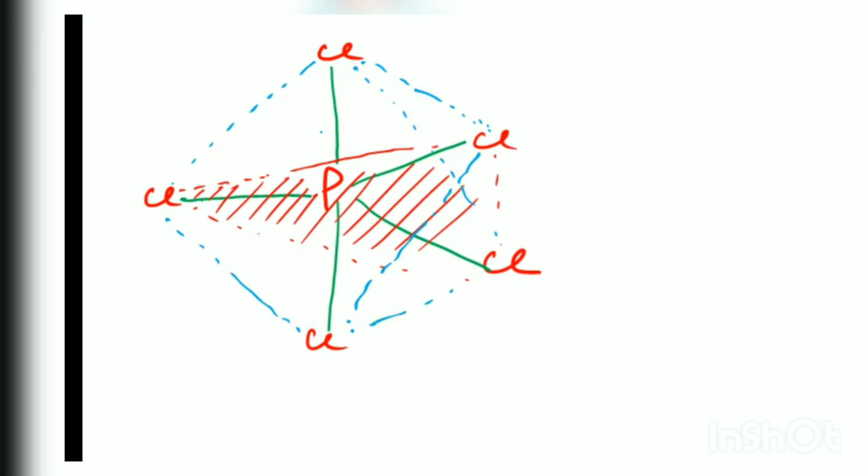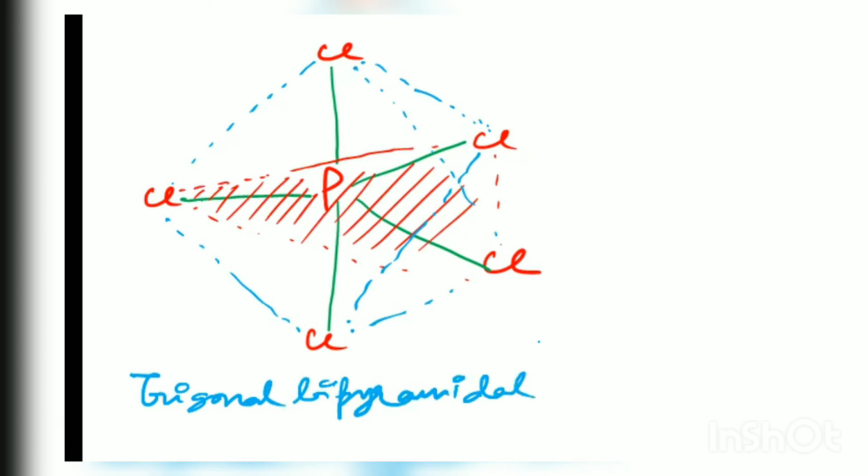So you can see that above this plane a pyramidal structure is formed, and also beneath there a pyramid structure is formed. So two pyramidal structures, and they are trigonal in form. So this structure is called trigonal bipyramidal. Okay, trigonal bipyramidal.